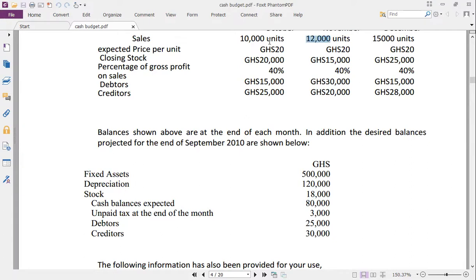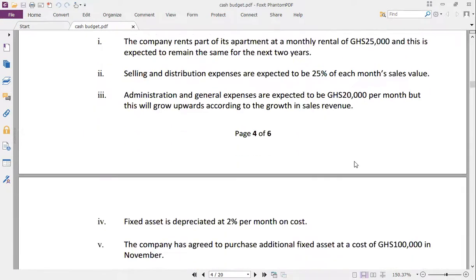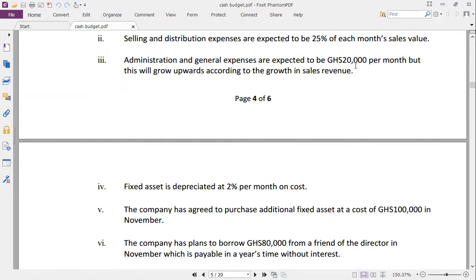So sales has increased by 20%, which tells you that administrative expenses will also increase by 20%. September admin expenses are 20,000. Increasing it by 20% gives us 4,000. Therefore, October admin expense will be 40,000.